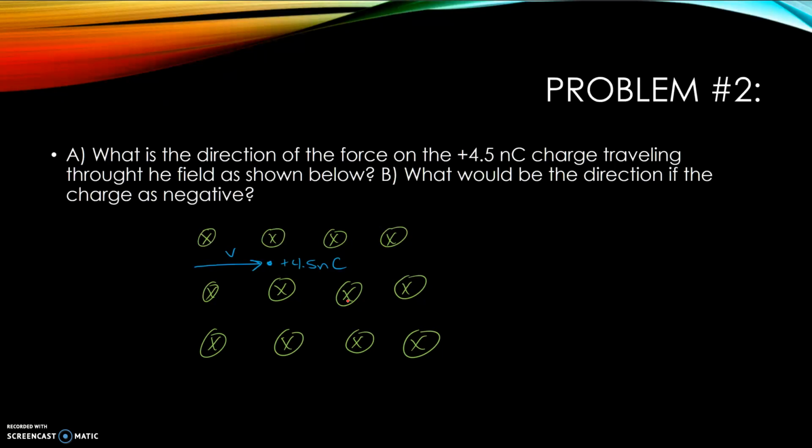And my velocity is going from left to right. This is the velocity of a positive charge. So determine that direction. Then, what would be the direction if this charge was negative? To do this, you want to use that second right-hand rule. So again, pause the video, jot down your answers to these two questions, and I'll show you the answers on the next slide.